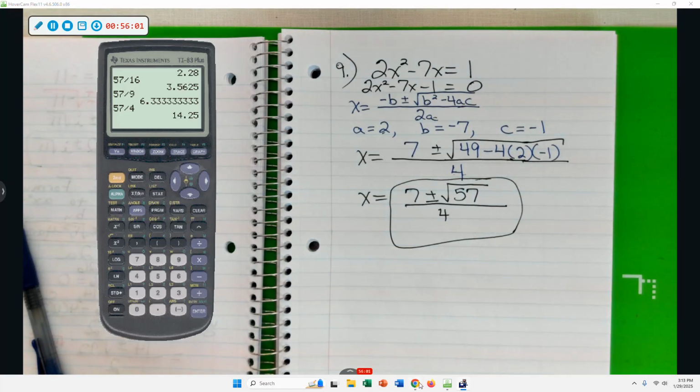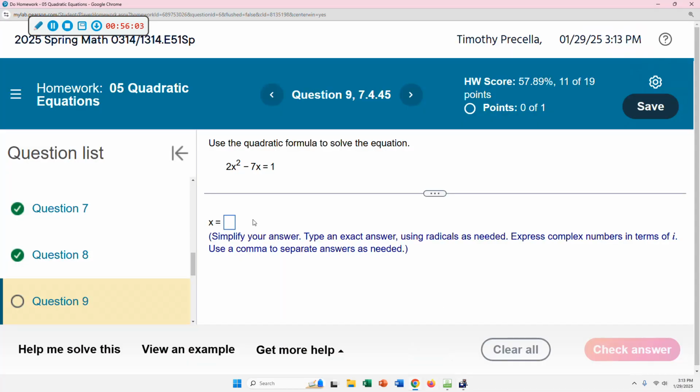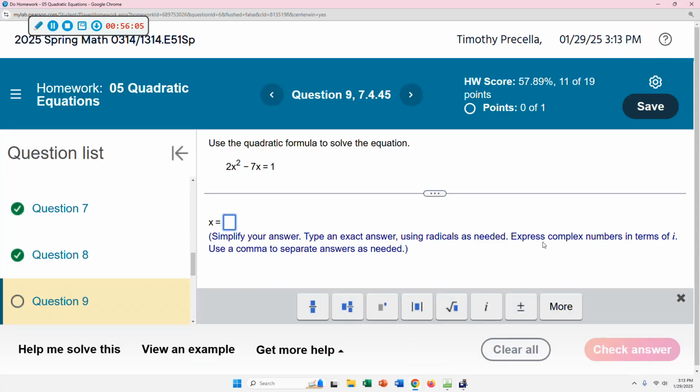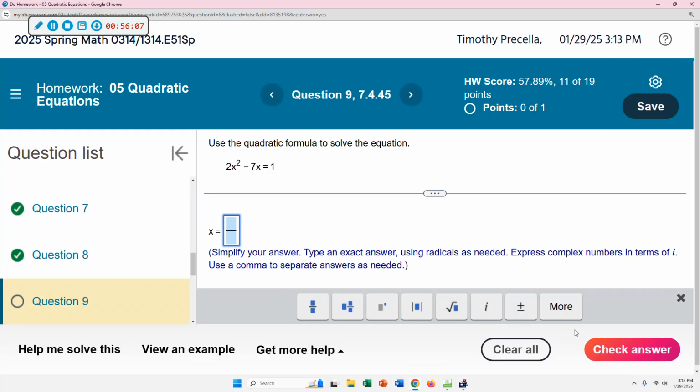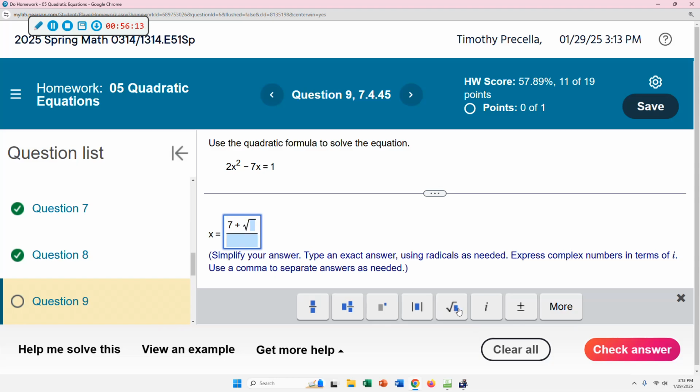If you get it wrong, here's what they're going to do. When they say the right answer, they type it without the plus minus. They go like this: 7 plus the square root of 57 all over 4.